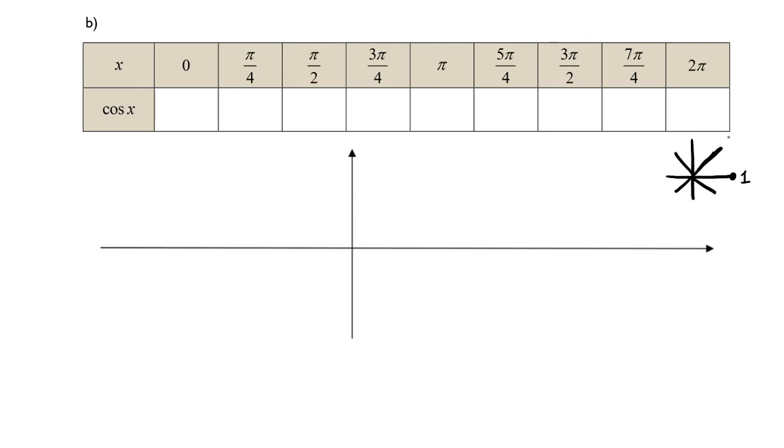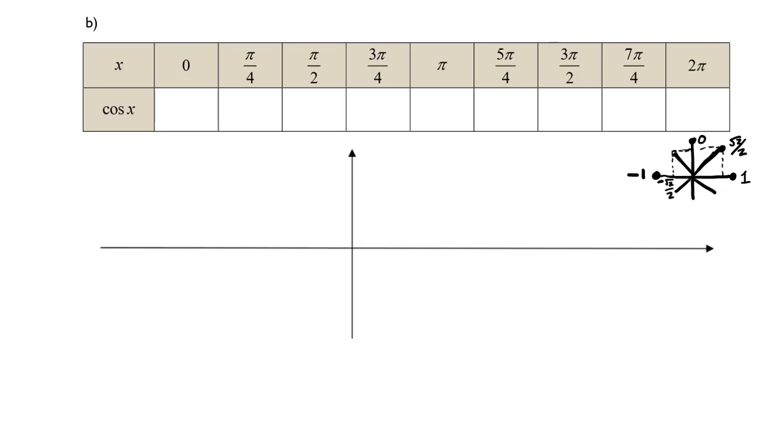At pi over 4, I will be at root 2 over 2 in the x direction. At pi over 2, I will be at 0 in the x direction. At 3 pi over 4, again, I will be at negative root 2 over 2. At pi, I will be at negative 1.